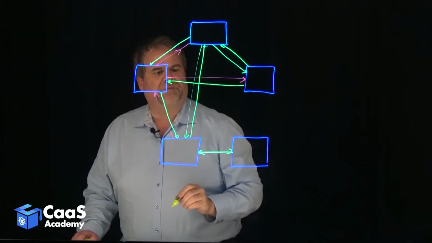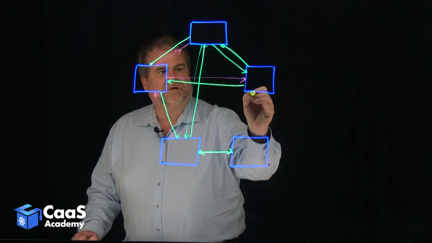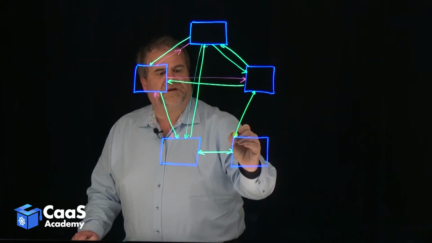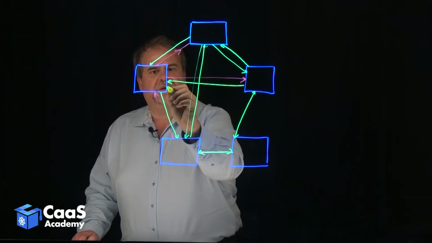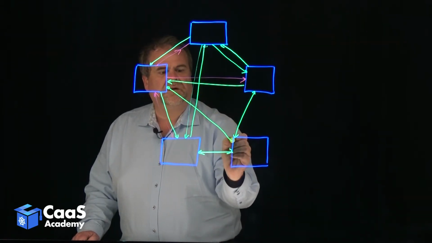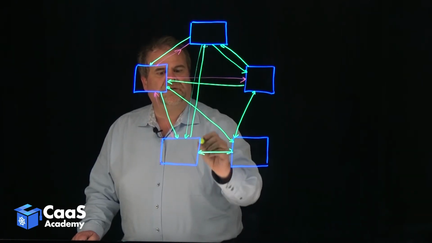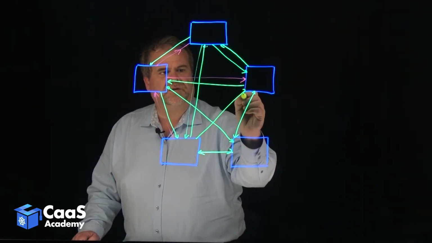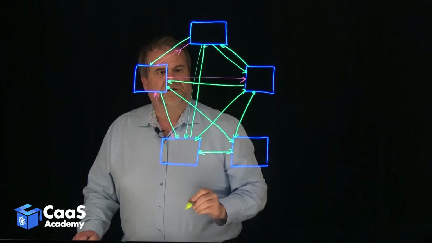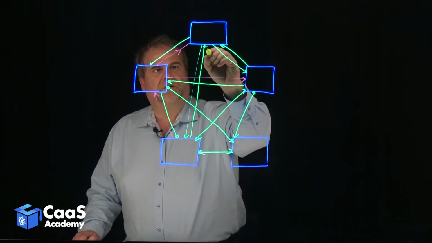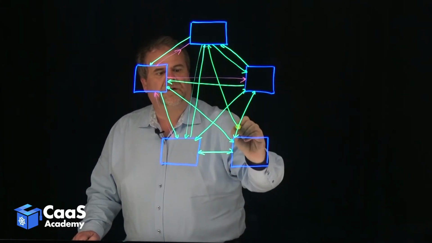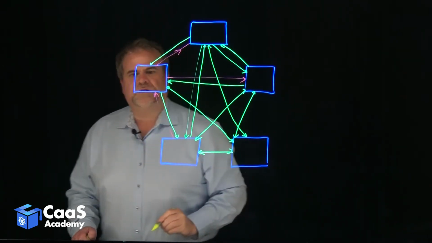That connection, which isn't being used. This connection, which isn't being used. And this connection, which isn't being used. This connection, which isn't being used. And this connection, which isn't being used.